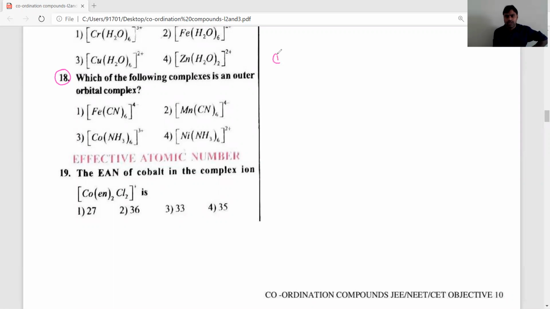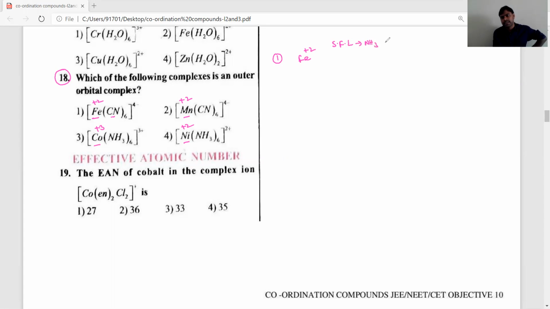Here, the first one is iron. CN is a mononegative ion, and iron is in the plus 2 state. Here Mn is in plus 2. Here cobalt is present as cobalt 3+, and nickel 2+.